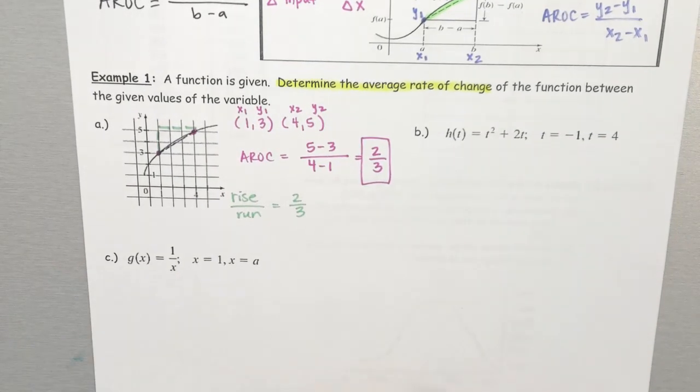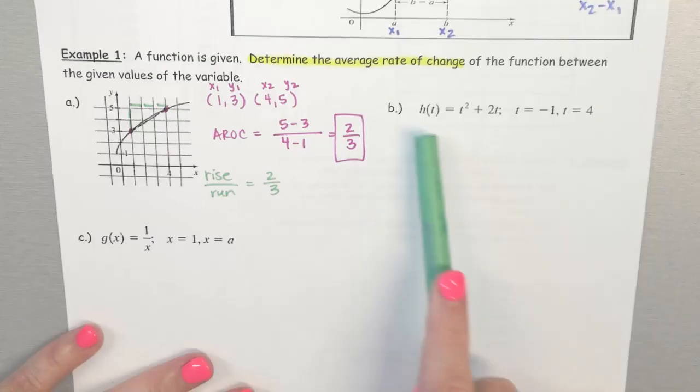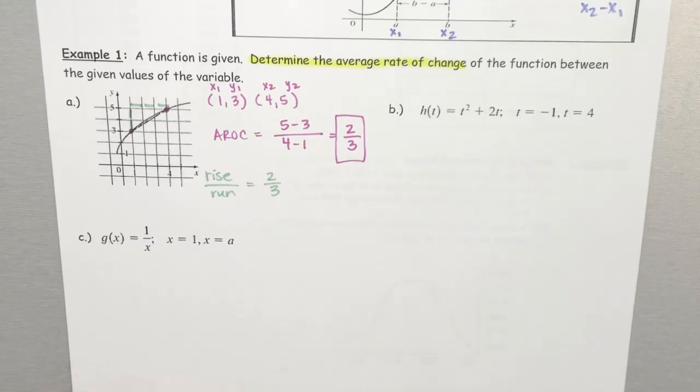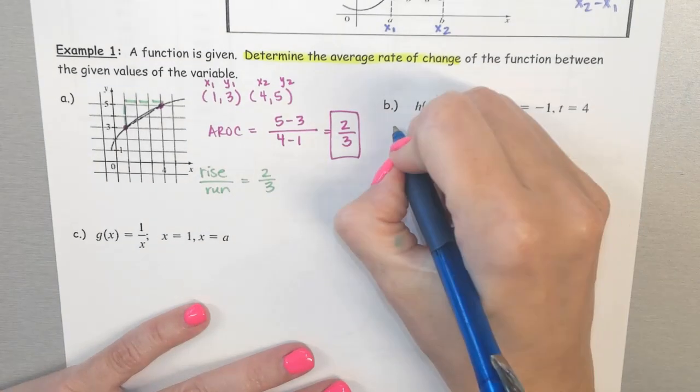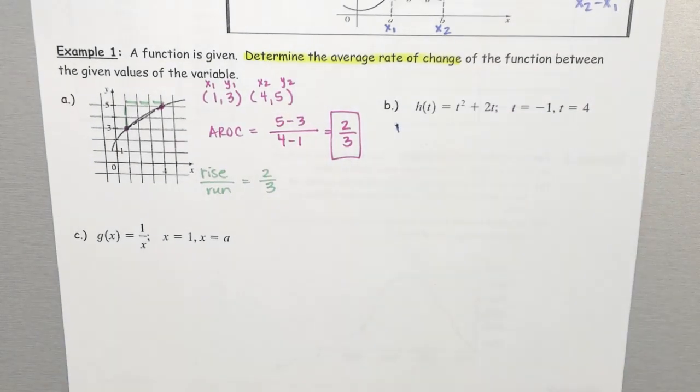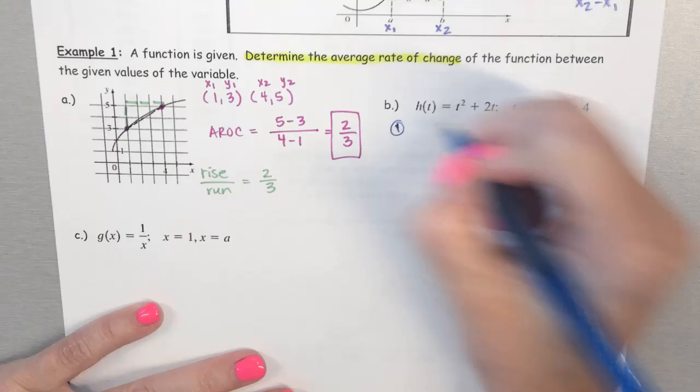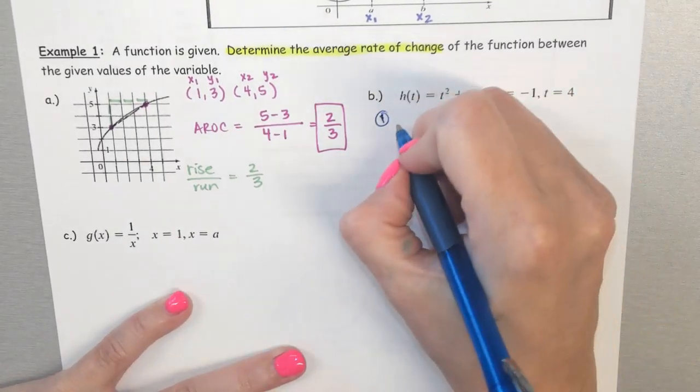Sometimes you're going to be given a function. So we're given h of t is t squared plus 2t, and we're given two values for t. The first thing that we're going to do is find our points. I like to use the point notation because it's something you're familiar with.